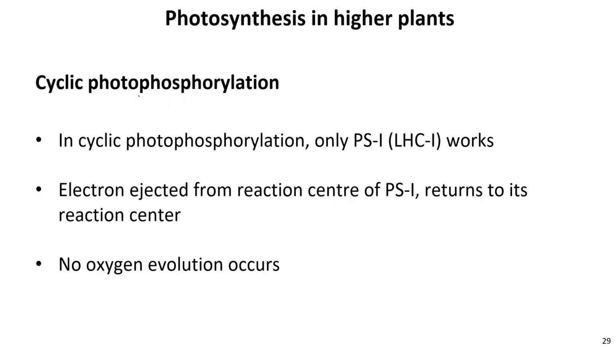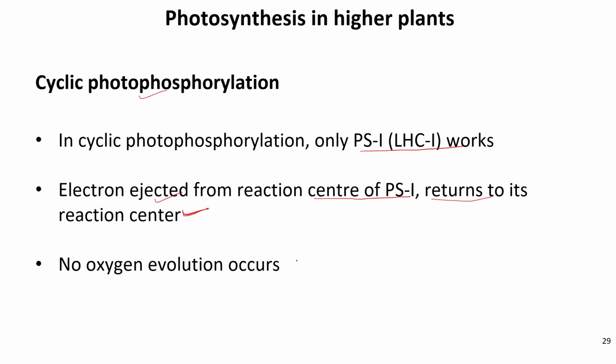Let's discuss cyclic photophosphorylation first. What happens in cyclic photophosphorylation? Only photosystem 1 is involved. The electron ejected from the reaction center of photosystem 1 returns to its reaction center. That's why it is known as cyclic.